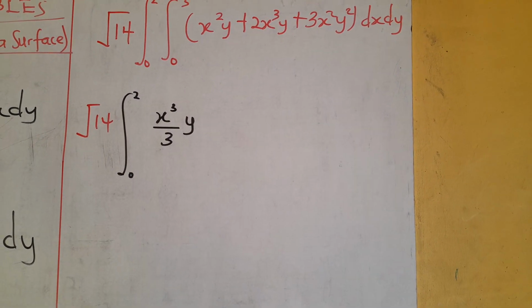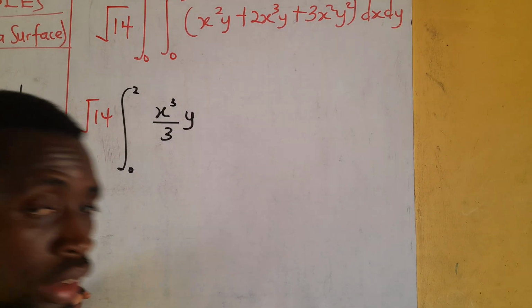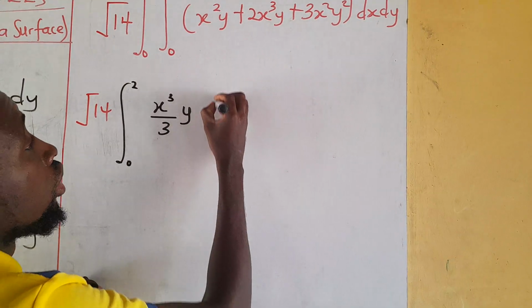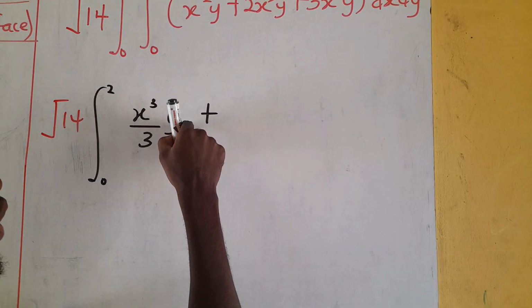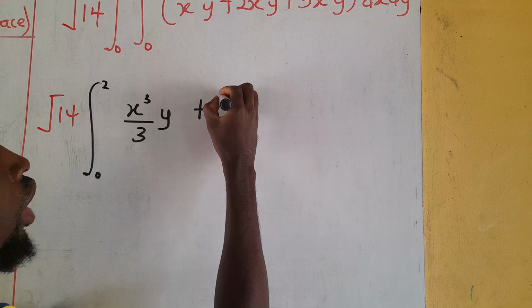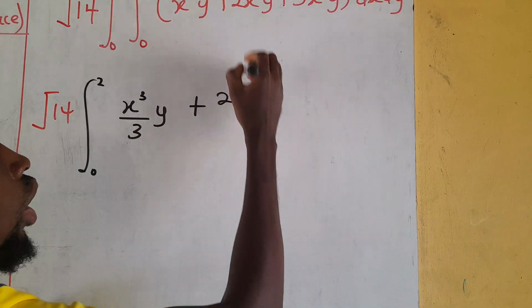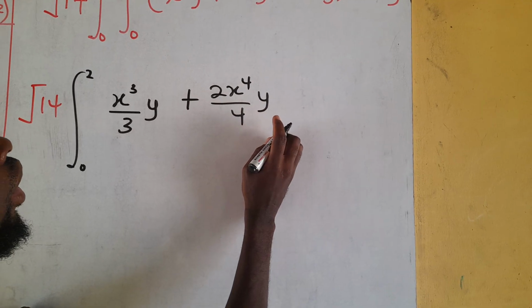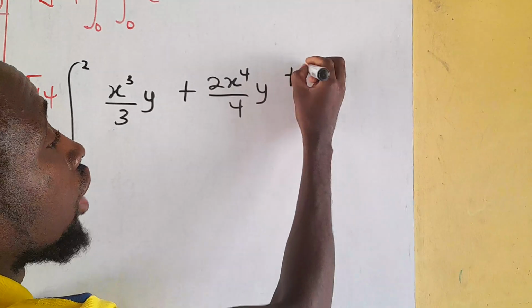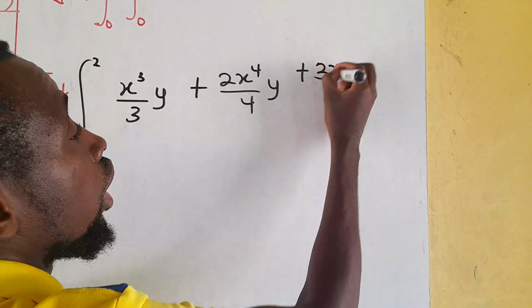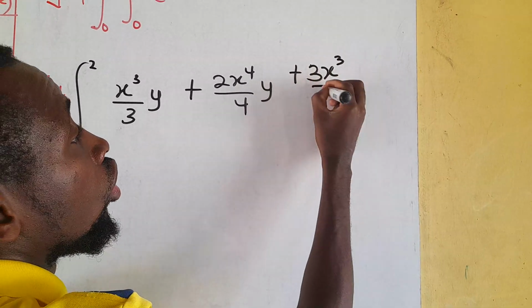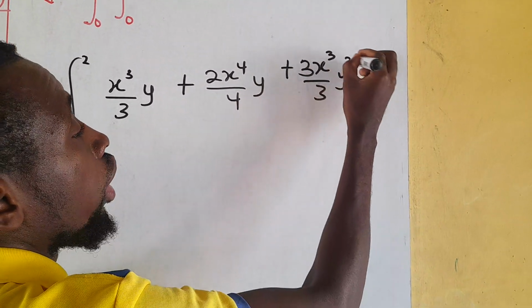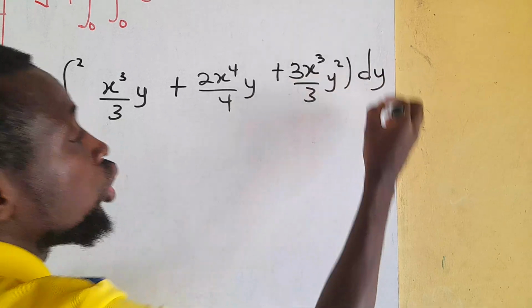So we have x cubed over 3y, then plus, the y will be held constant, remember that. Then plus 2x, we add 1, x to the 4 over 4y. Then plus 3, we add 1, so x exponent 3 over 3y squared. Then now we will have dy.